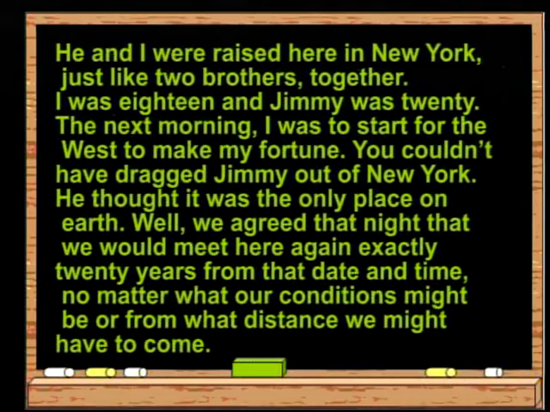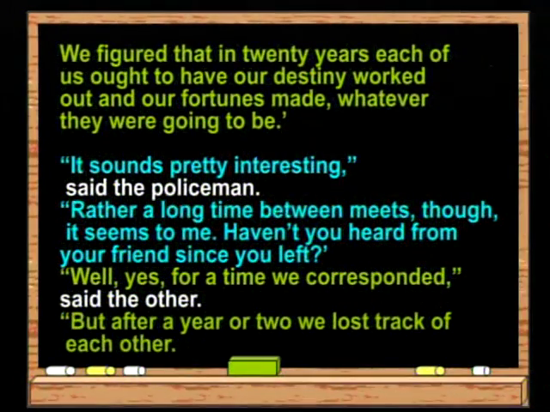He thought it was the only place on earth. Well, he agreed that night that we would meet here again exactly 20 years from the date and time, no matter what our conditions might be or from what distance we might have to come. We figured that in 20 years, each of us ought to have our destiny worked out and our fortunes made, whatever they were going to be."